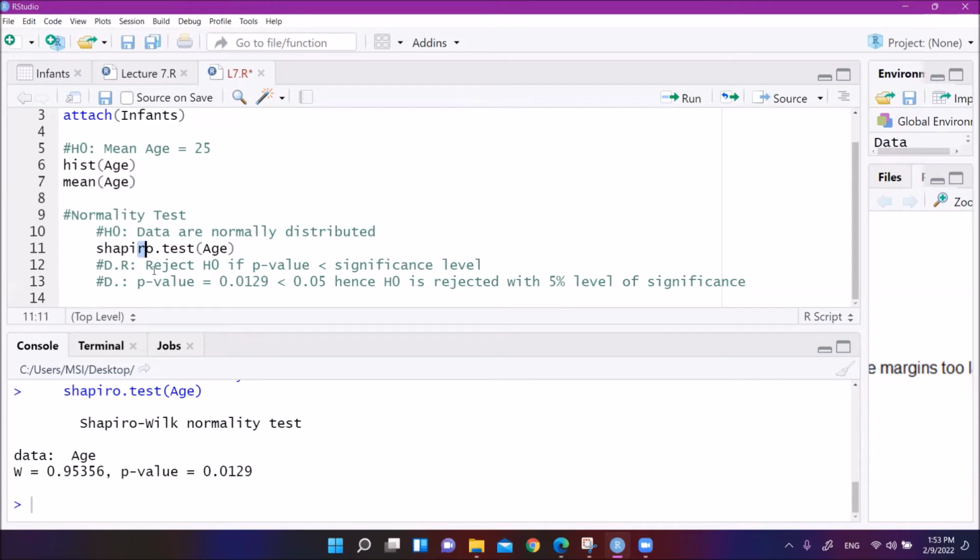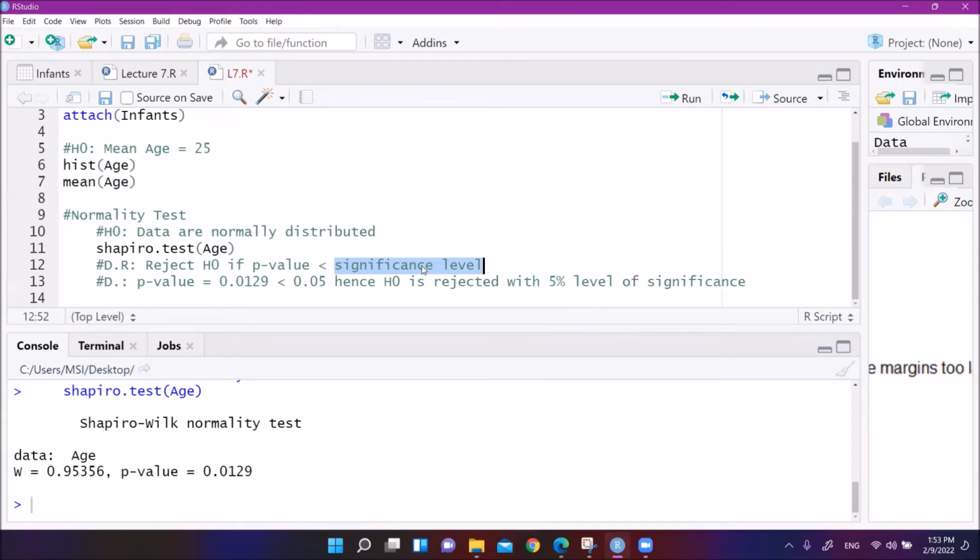Just run this code line, and you have to mention the decision rule, reject H0 if p-value is... Besides this, you can substitute your significance level, which is given in the paper. I would say check the hypothesis for 5% significance. So you can simply write reject H0 if p-value is less than 0.05. Just be careful about the significance level that I give you.